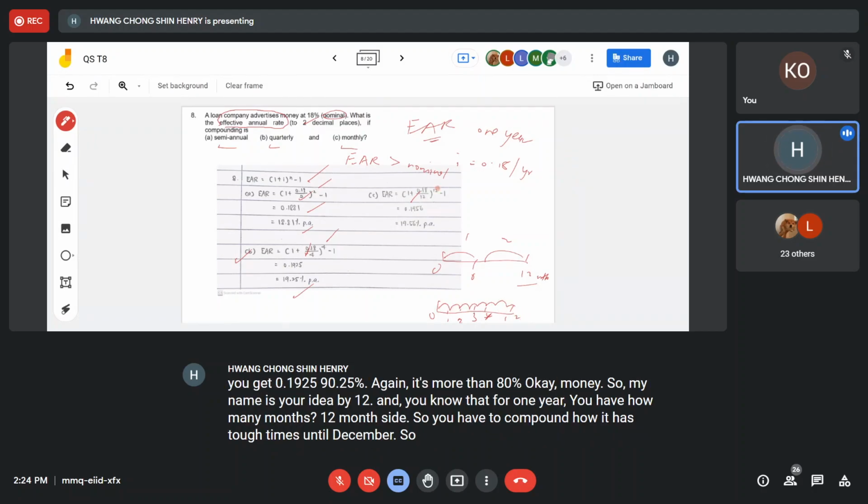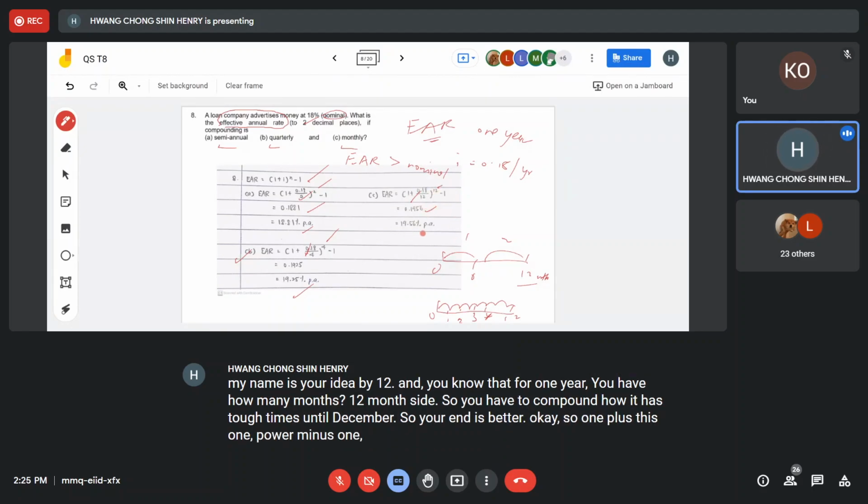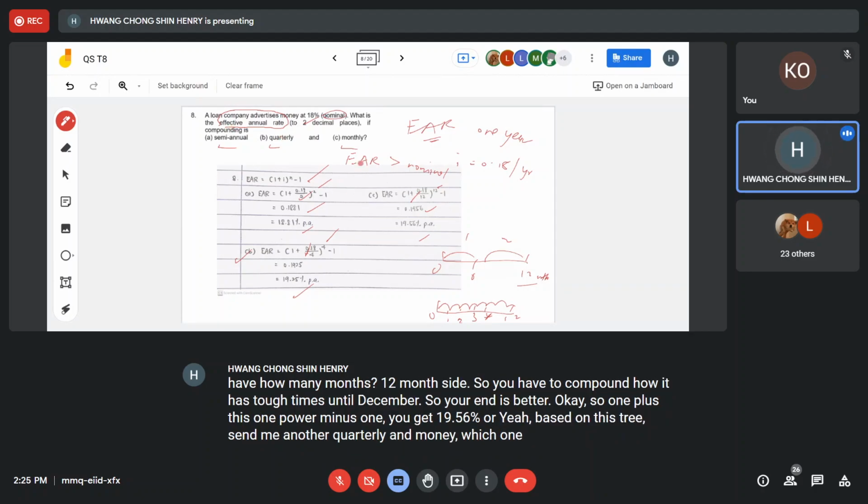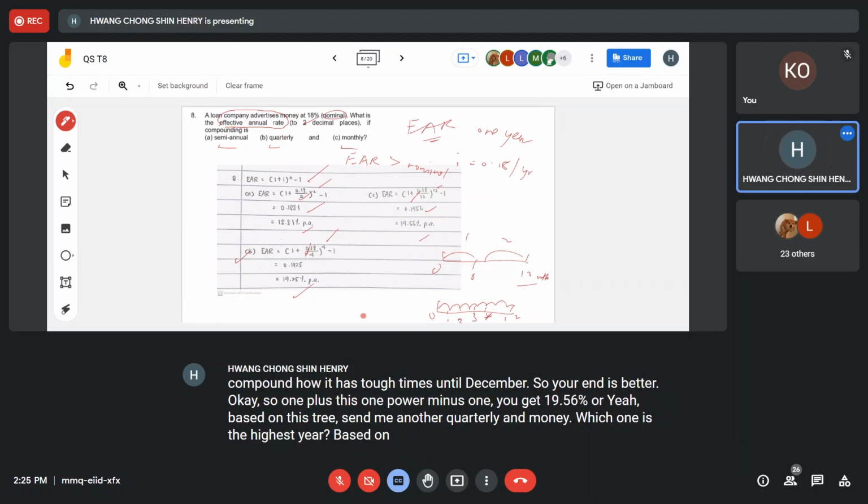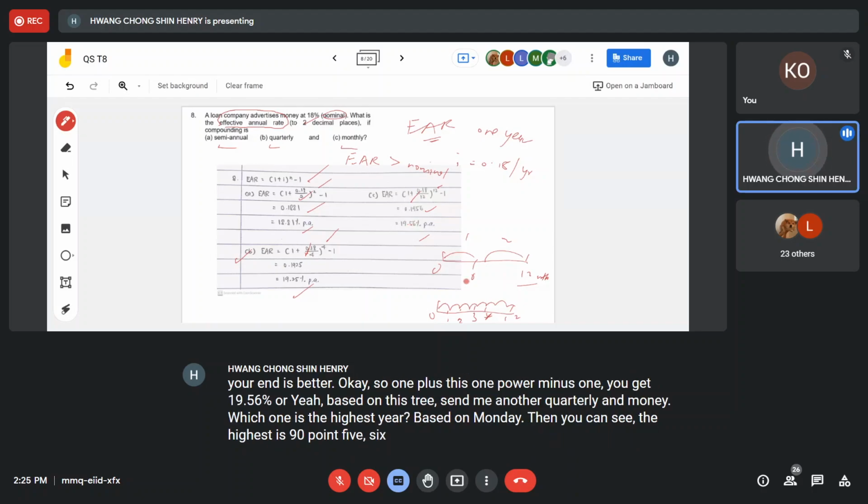So your n is 12. Okay, so 1 plus this one, power 12 minus 1, you get 19.56% per annum. Okay, based on these 3, semi-annual, quarterly, and monthly, which one is the highest EAR? Based on monthly. Yeah, you can see the highest is 19.56%, but all of them are more than nominal rate.